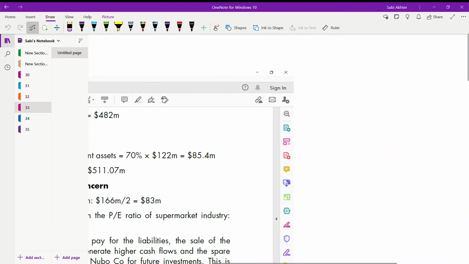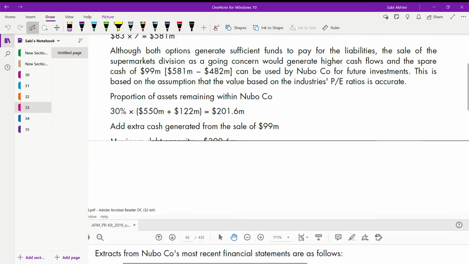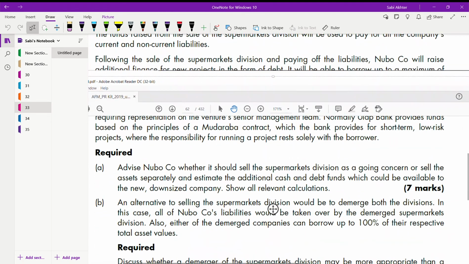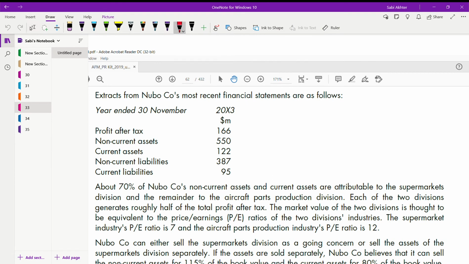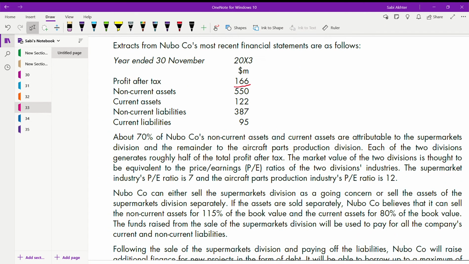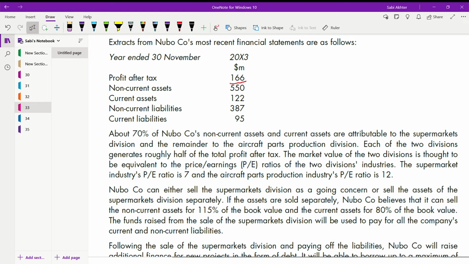This is the answer. I will take you to the question first. Yes, the question applies here. See, you have been given some extract of the income statement, a balance sheet. This is profit after tax from income statement. Rest all is from your balance sheet. Here, clearly they have told you 70% is for supermarket. That means 30% is for the other division.